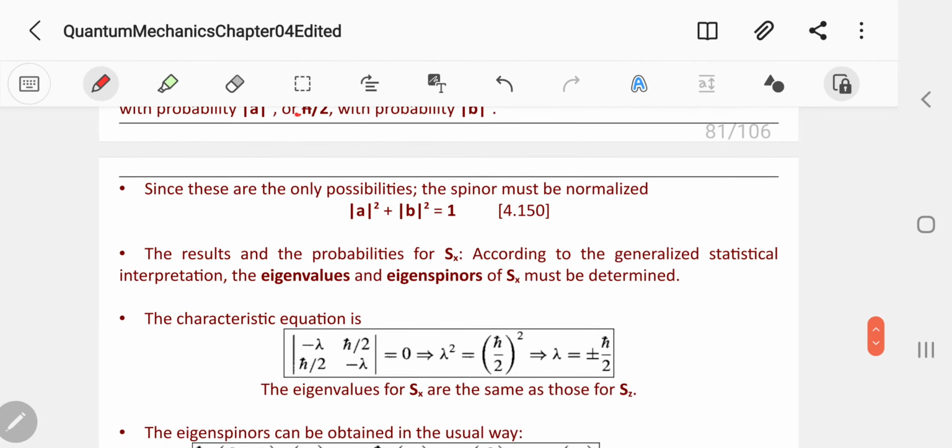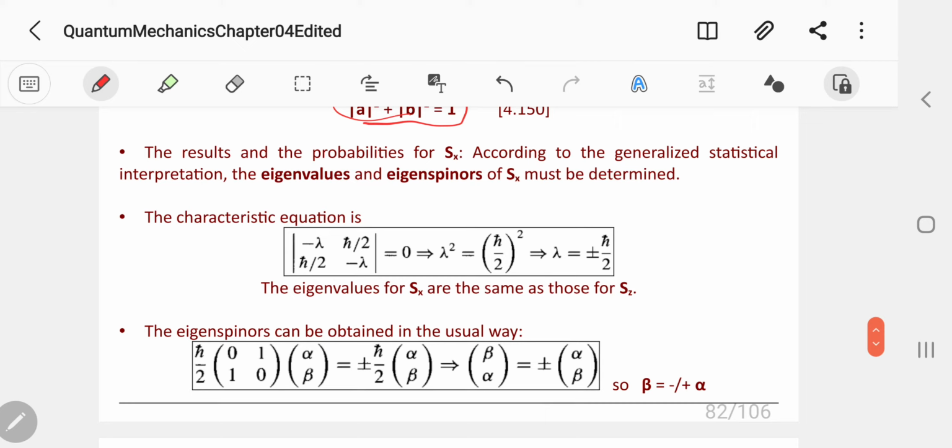And of course, they should add up to 1. If you want to get the eigenvalues of Sx, you can get the characteristic equation, and you will get eigenvalues of positive and negative h bar over 2, which is the same as for Sz.